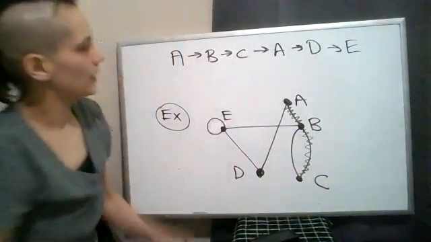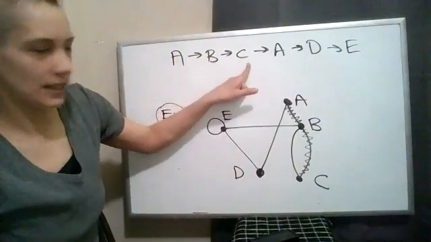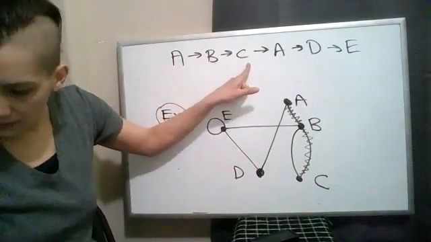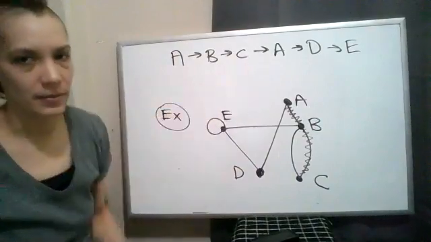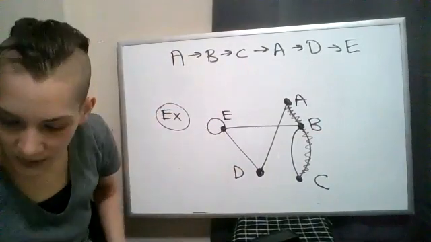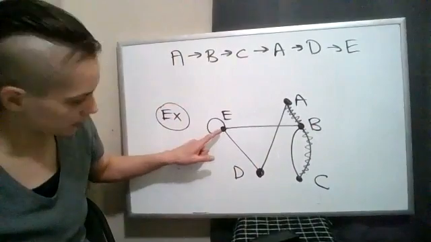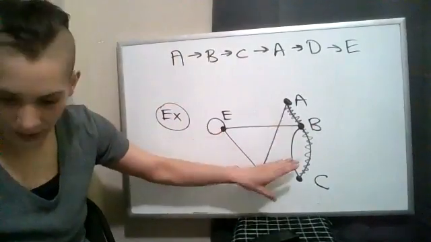C, wait, A goes to B, B goes to C, C. Hang on, that's not right. I think we're missing something from the graph. Yeah, there's a loop over that part.